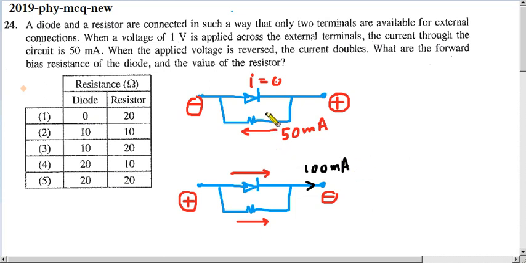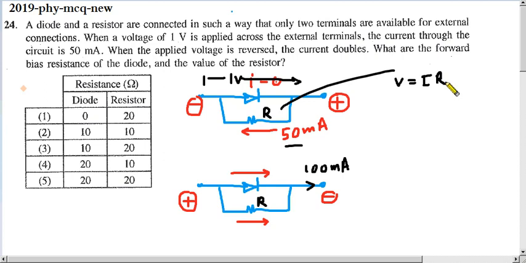Let the value of this resistor be R. Here it is the same, they have not changed the resistor. So the first time the current through the resistor is 50 milliampere, and the voltage given is 1 volt. We can find the value of R using V equals IR.